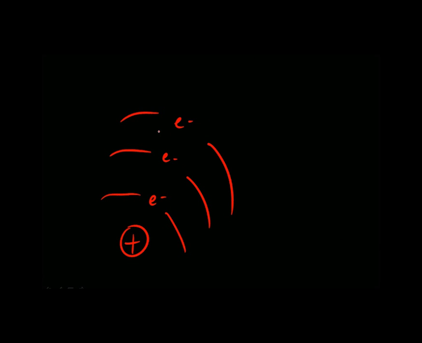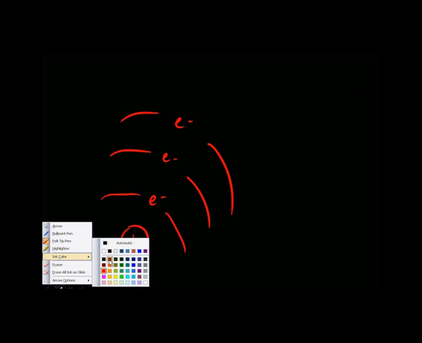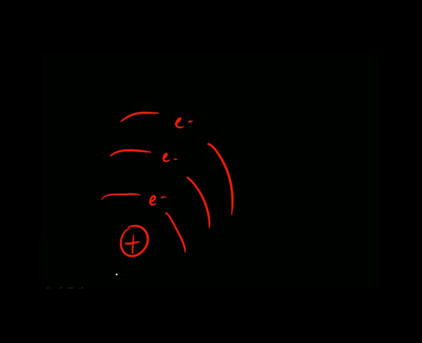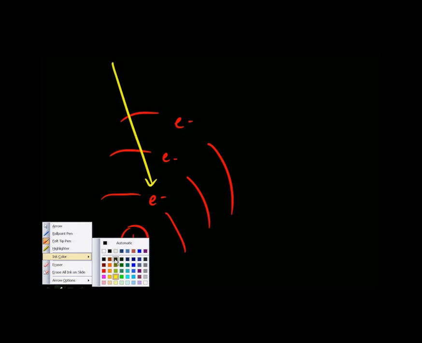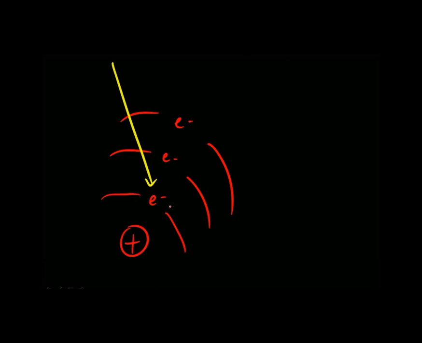So here are my different energy levels in a quantized representative atom here. And let's say here comes an electron from our high energy incident electron beam, and it hits this electron so hard that this electron is ejected. So let me go back to red. So this electron is ejected. And if it's ejected, what does it leave behind?